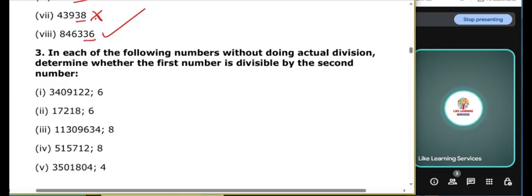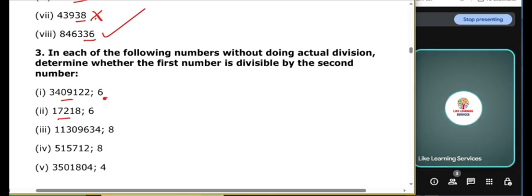In each of the following numbers, without doing actual division, determine whether the first number is divisible by the second number. Whether this is divisible by 6, and so on. You know, for it to be divisible by 6, it must be divisible by 2 and 3.